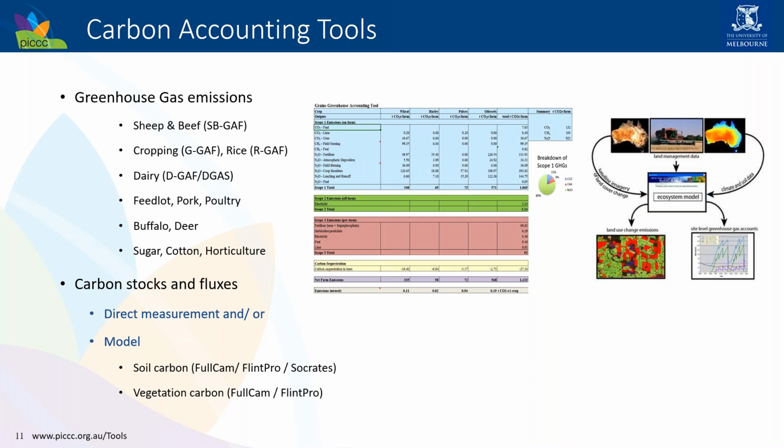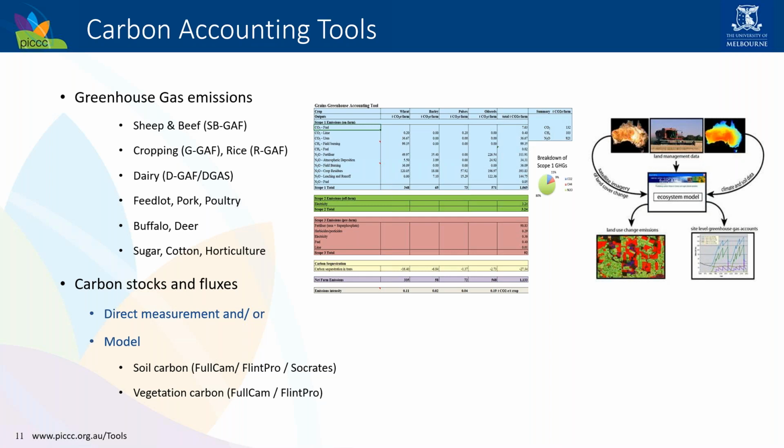The other option is direct measurement, so you can actually go out and cut trees down, measure the rings to work out their age, and work out their carbon stock. We do plots, and you do a certain number of plots per area to understand the action.